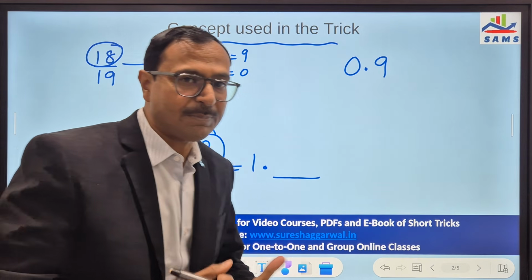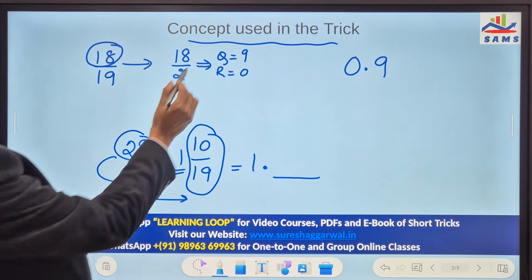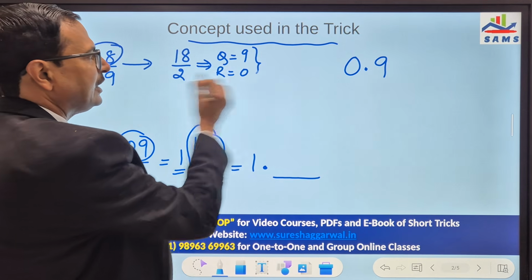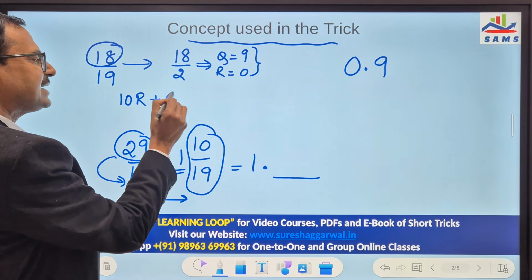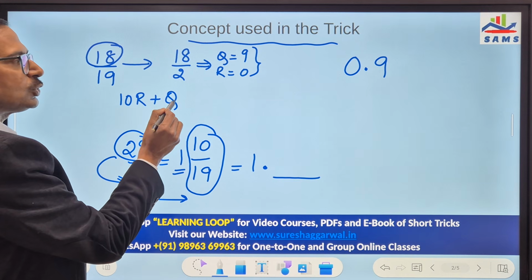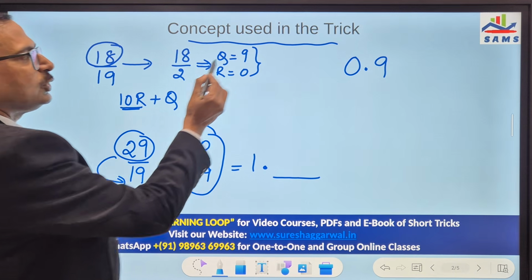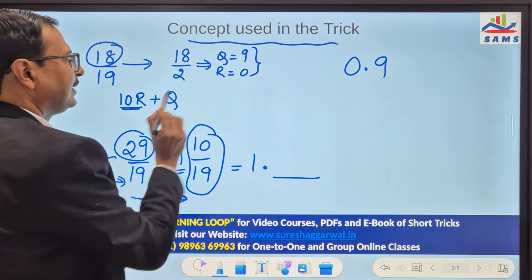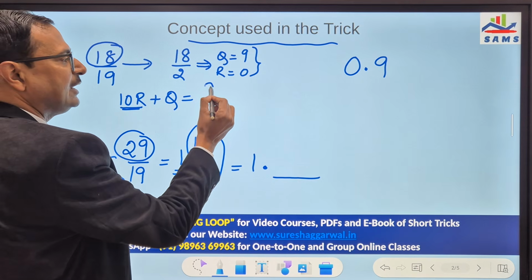Now what is the next step? That is one of the important things. You have to put these values in the expression 10r plus q, that means 10 into remainder plus the quotient. Here the remainder is 0, so 10r doesn't matter, and you take only the quotient. So 10r plus q gives you 10 into 0 plus 9, which is 9 only.